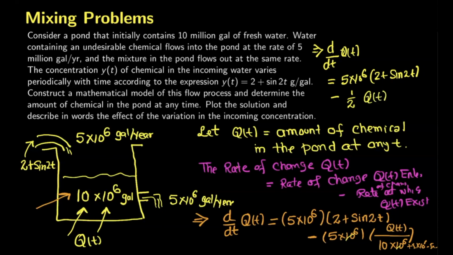And also there is an initial condition, because this is an initial value problem. What was the amount of chemical at time 0? It is 0, because it was fresh water in the pond when they started pouring the chemical into the pond. So this is our differential equation.